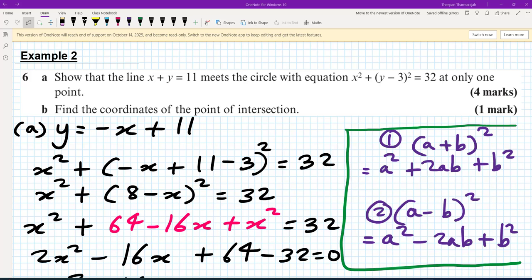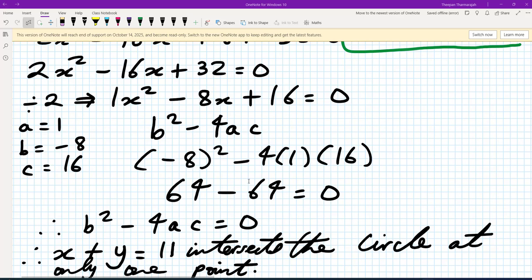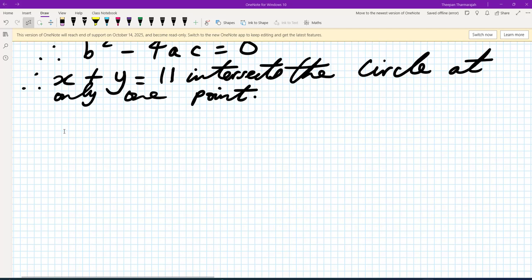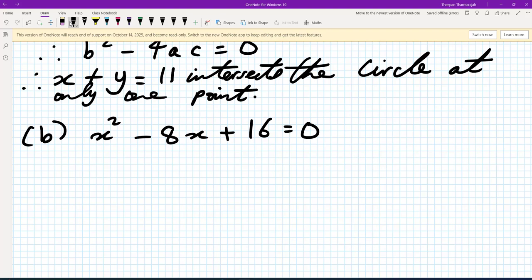Now part B says to find the points of intersection. So if we go back to our quadratic, we formed a quadratic equation here where we had x squared minus 8x plus 16 equals 0. So I'm going to write that here. So part B, we've got our quadratic x squared minus 8x plus 16 equals 0.